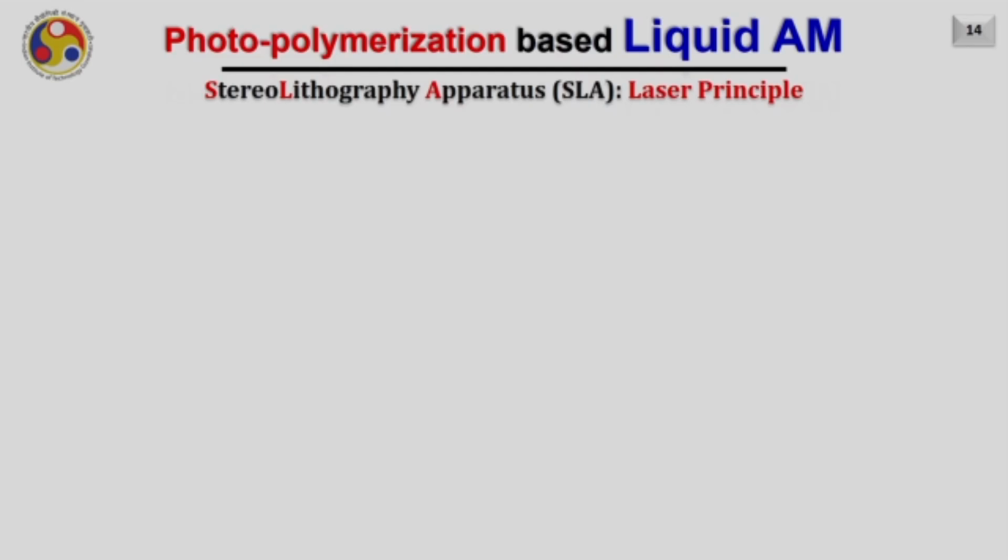Now let us discuss the principle of the laser. To produce a laser, there are 4 different phenomena that occur. First is called absorption. Second is called spontaneous emission.